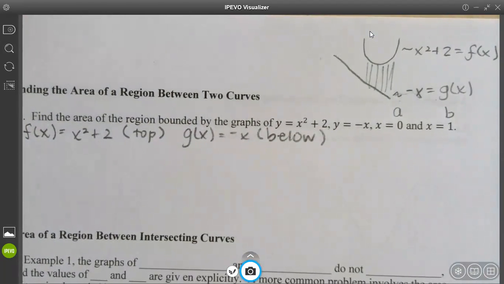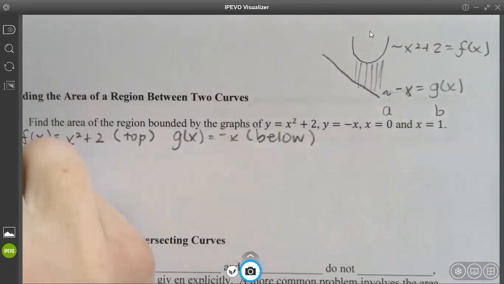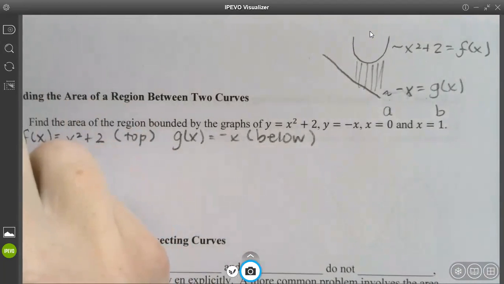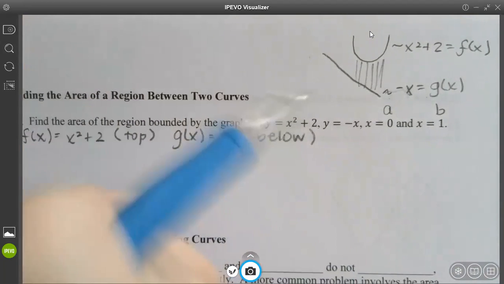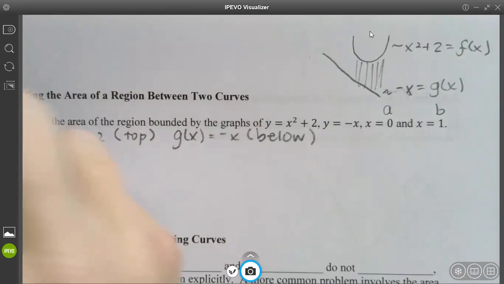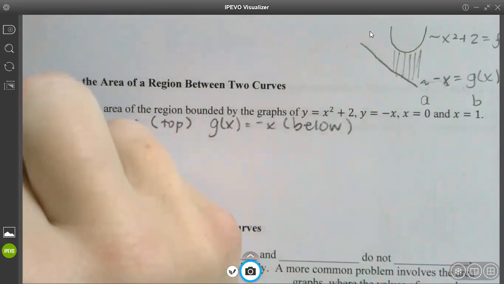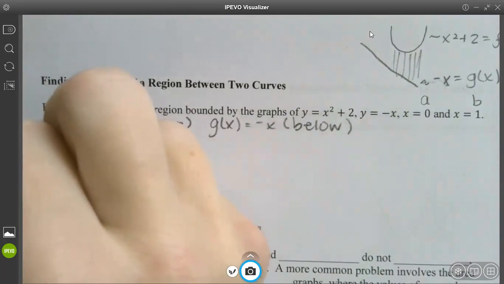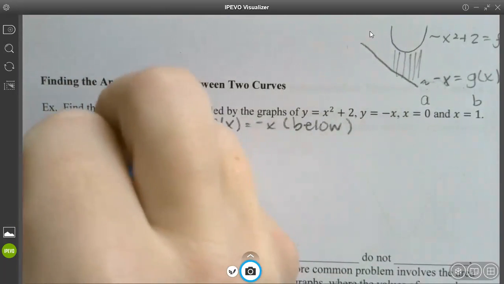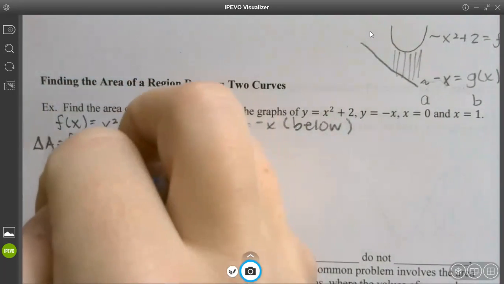So our formula says that the area is going to be f of x minus g of x delta x.